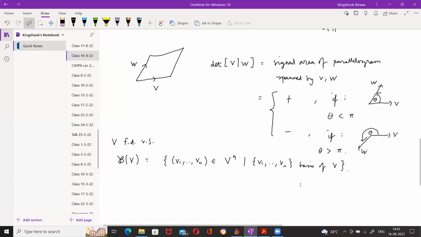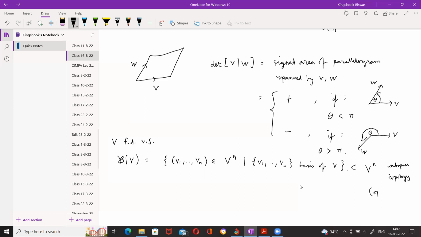So this space has a natural topology, just the subspace topology from sitting inside V power n. And in fact, it's an open subset of V power n.